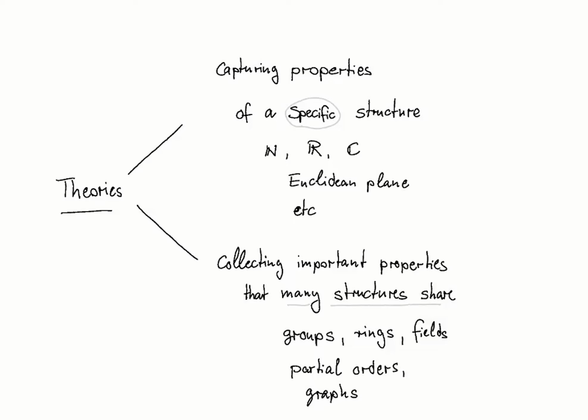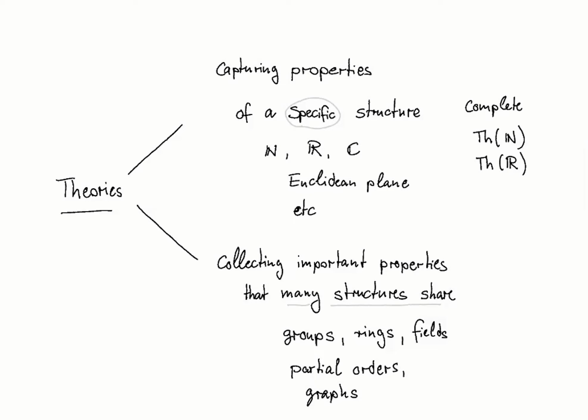On the top part, we usually work with complete theories. So for example, if we take the theory of the natural numbers or the theory of the reals over a fixed language, that results in a complete theory.